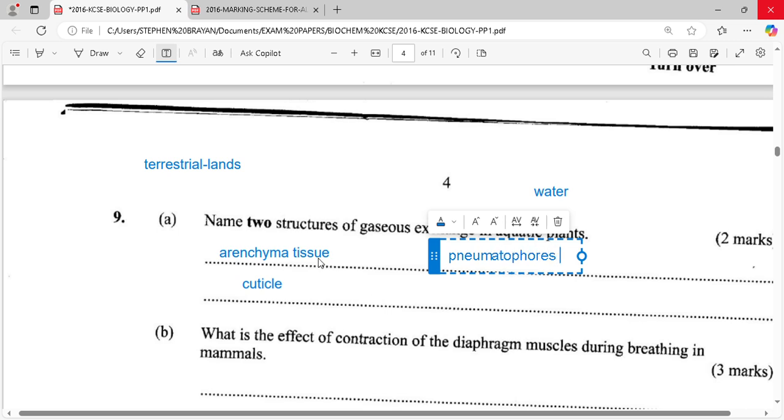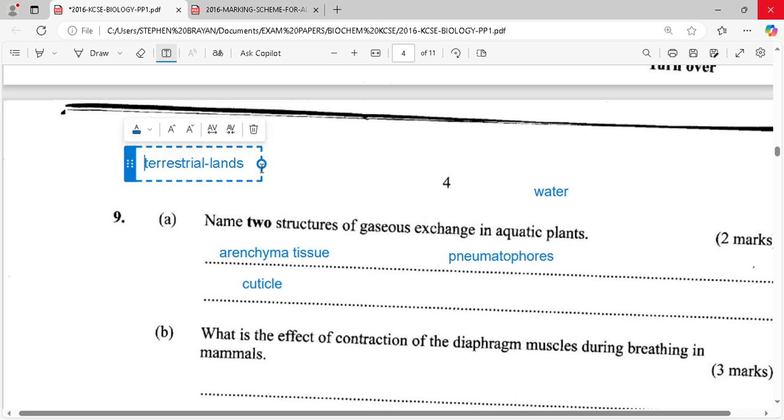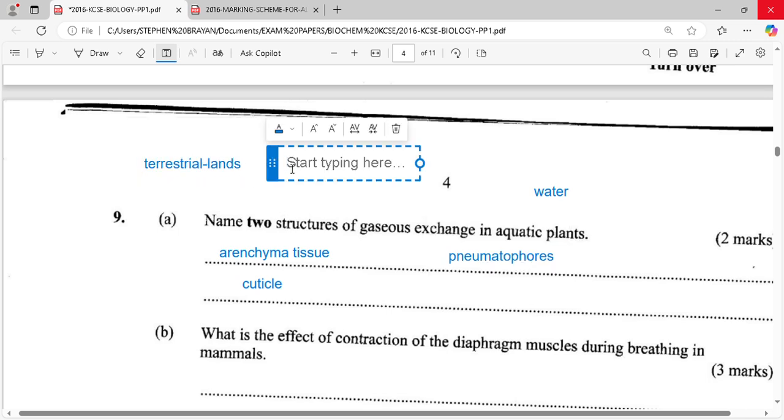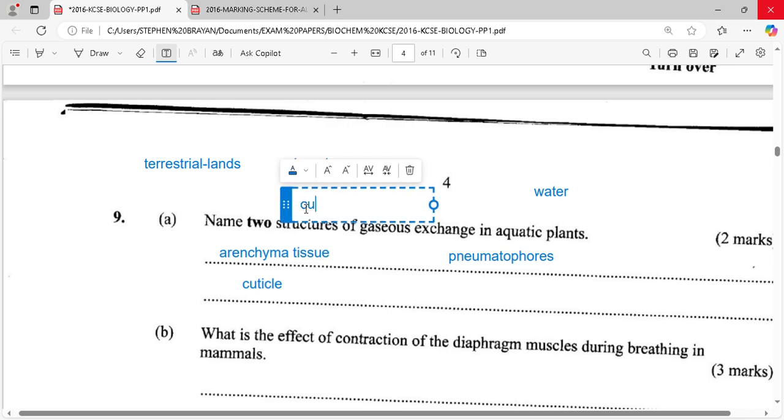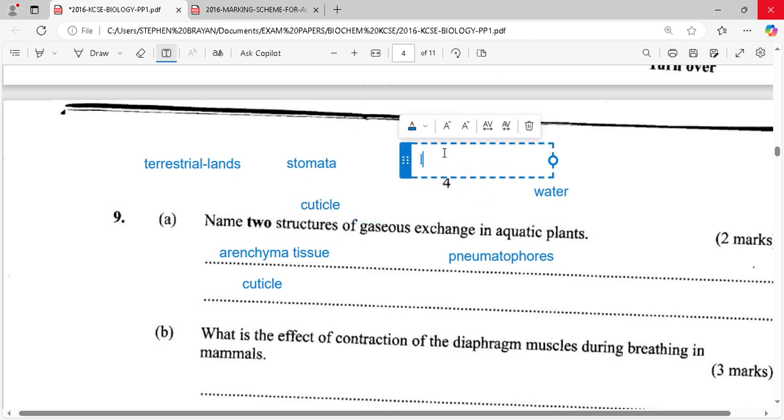You must remember that terrestrial plants also have their structures for gaseous exchange. One of them is stomata, which is found in terrestrial plants, the second one is the cuticle, and the next one is the lenticels.